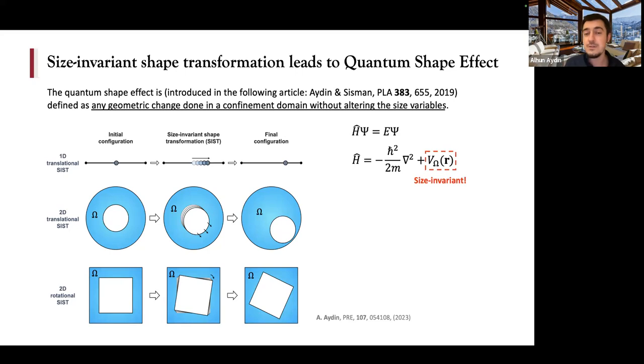It's 2D, so the bulk variable is the surface area. The surface area didn't change. We haven't removed anything from the domain, or added anything. The removed part was already there inside the domain. We just moved it inside the domain. And the peripheries are also the same. And we don't have any discontinuities in 1D in this case. So this is a size-invariant shape transformation.